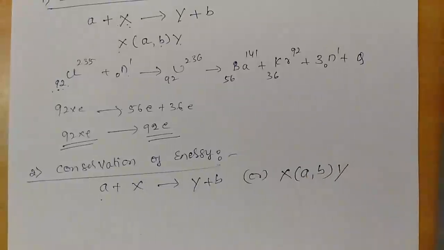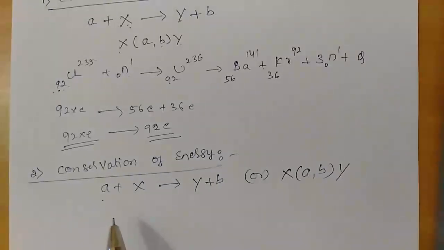Now see, as we have discussed in the earlier condition, the total energy of the target nucleus and the projectile before the nuclear reaction must be equal to the total energy of the residual nucleus and the ejectile that is being formed. Initially the target nucleus will be at rest, and only the projectile will be in motion.